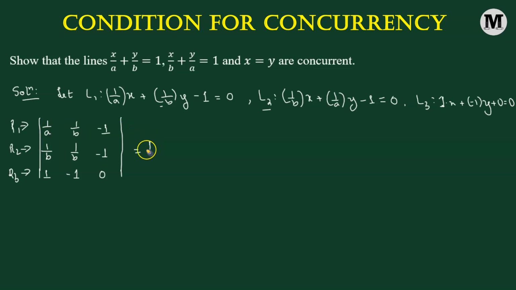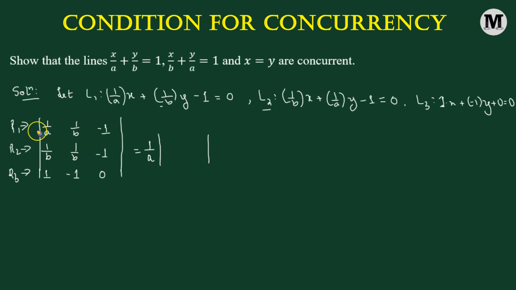What we'll do, we're going to consider the first element, that is the element present in the first row, first column, which is 1 over a. 1 over a is going to get multiplied to a 2 by 2 determinant. Now this 2 by 2 determinant can be formed by rejecting the entire row and the entire column that contains 1 over a.